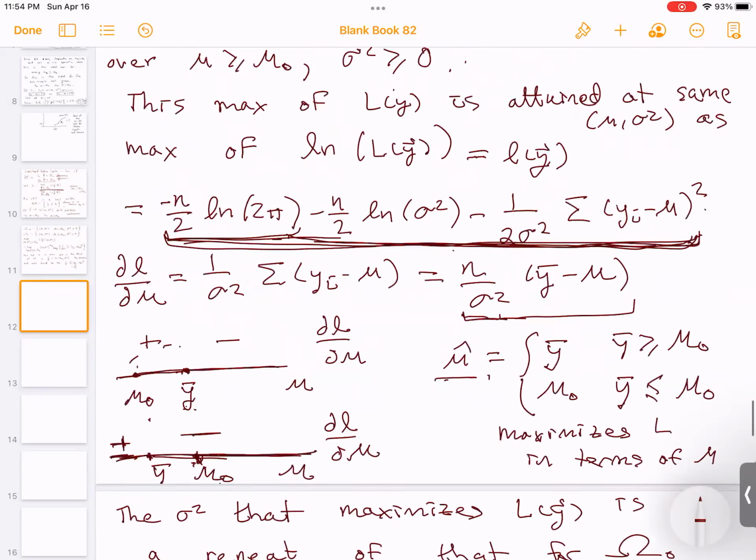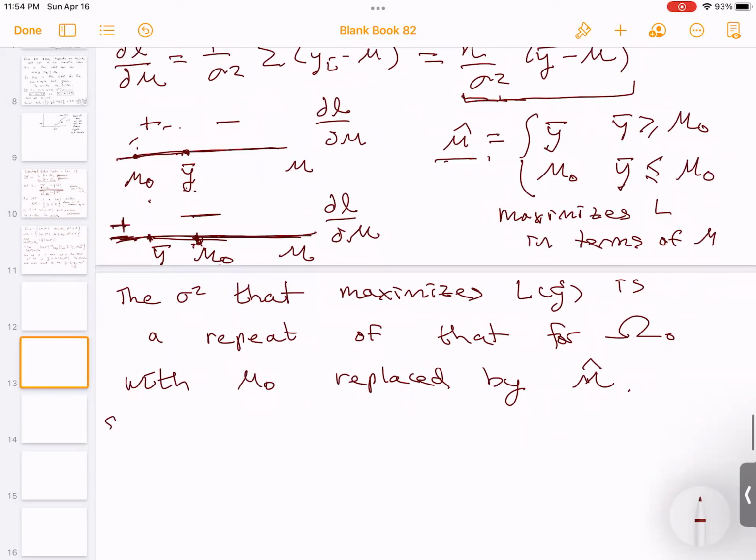We have, in other words, the sup over mu, sigma squared of L(y) is just equal to 2 pi, it's just a repeat of this here.